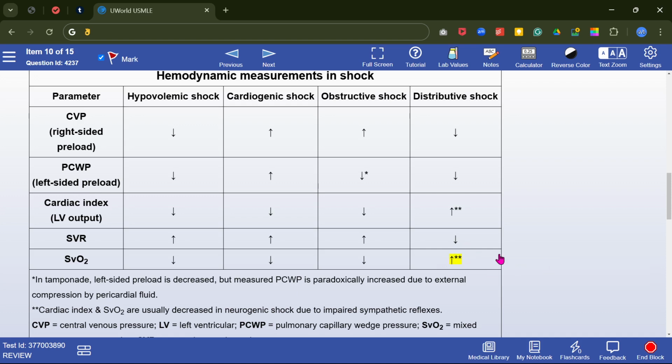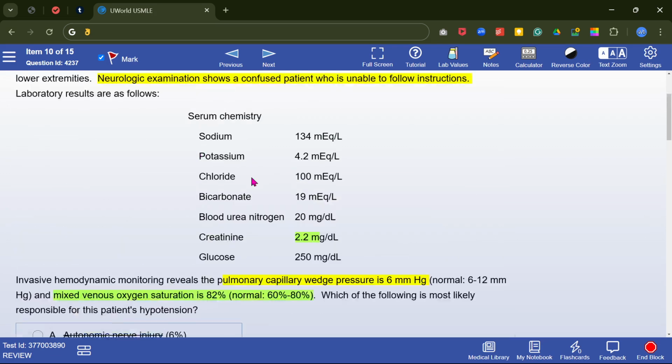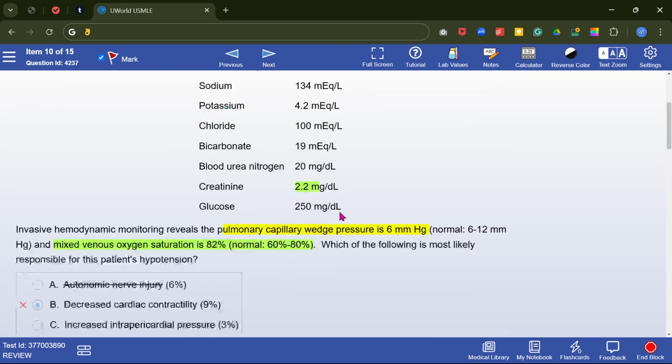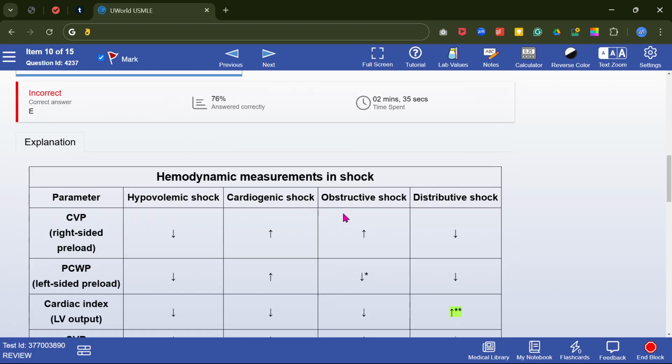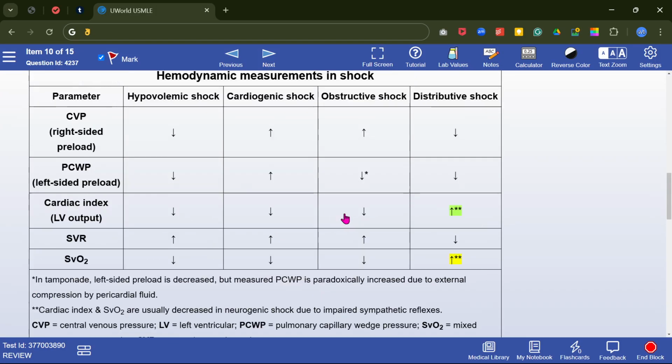So mixed venous oxygen saturation and cardiac index both are high in distributive shock or septic shock.